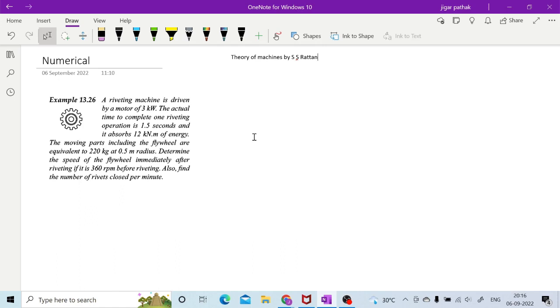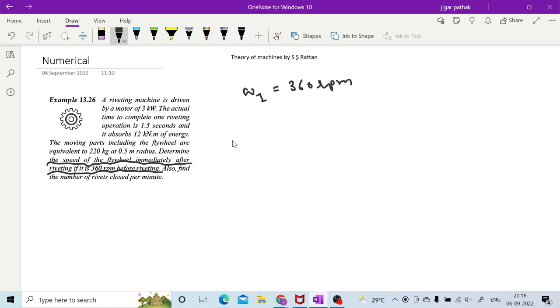First, you are provided with the data of the speed of the flywheel immediately after riveting if it is 360 rpm before riveting, meaning omega 1 is provided as 360 rpm. If you have n1, you can convert it to omega 1 by 2 pi n1 by 60.